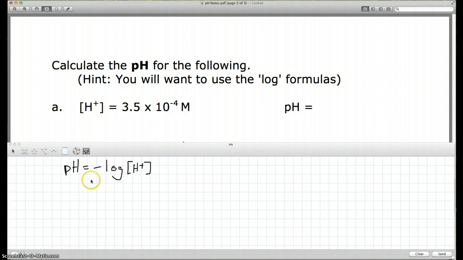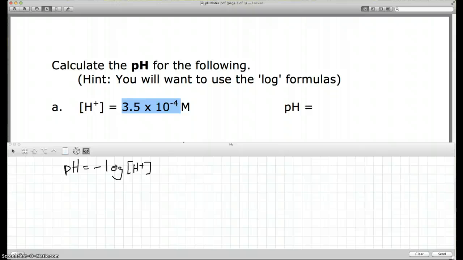So if I'm looking for the pH, all I need to know is the H plus concentration. Well, I know the H plus concentration. It is 3.5 times 10 to the negative 4. So I'm going to take that number and plug it into my equation here. Every calculator is different, unfortunately. If you have a graphing calculator, you just type in the negative button, then you hit the log button, and then you type in the number, 3.5 times 10 to the negative 4.